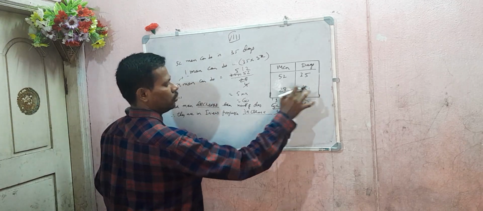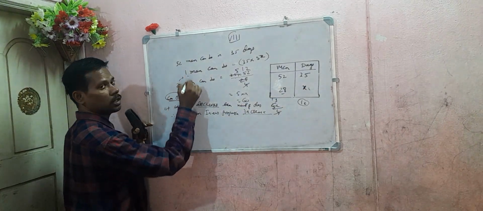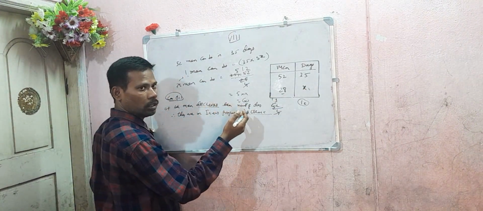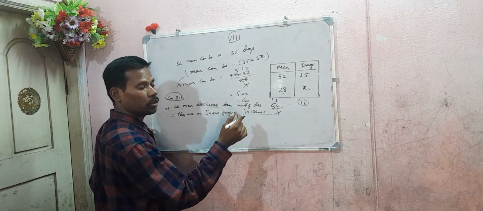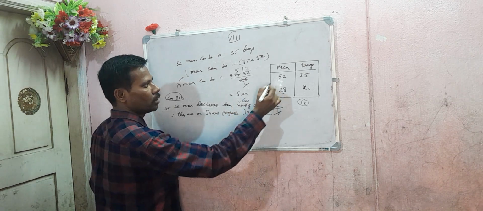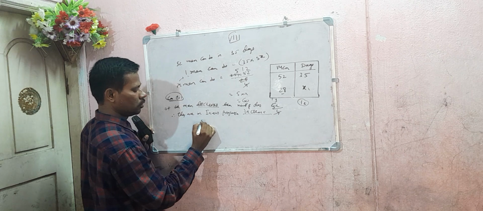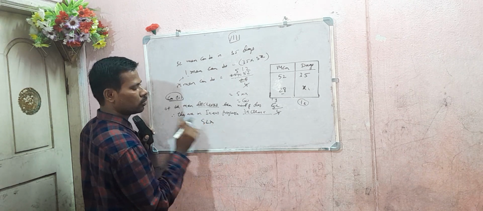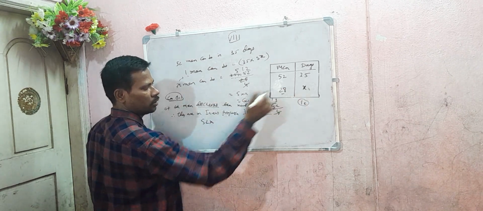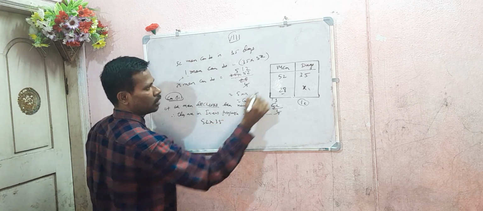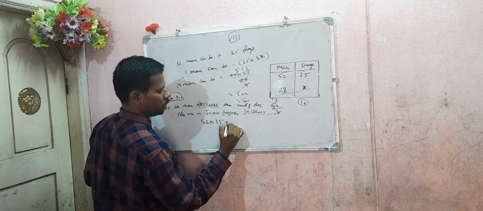Simply write x here. You can do it in this method also. Whichever method your teacher explains, you follow that one. Don't stick to one method. Now this can be written as 52 into 35 equals 28 into x.